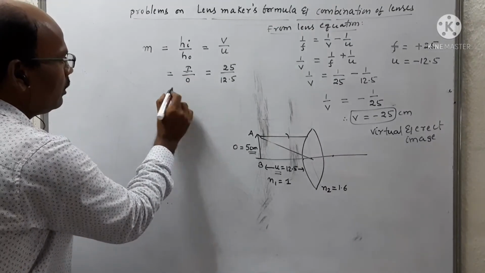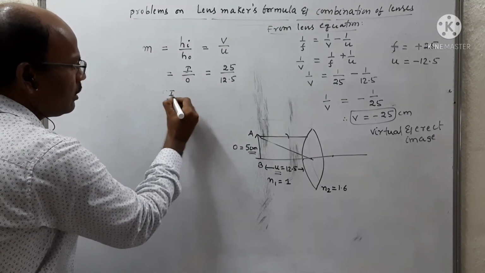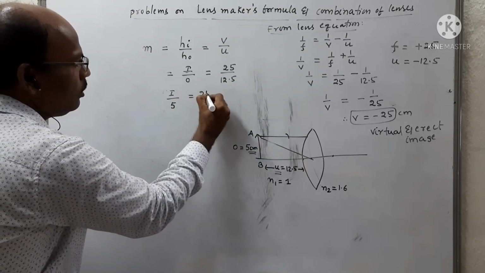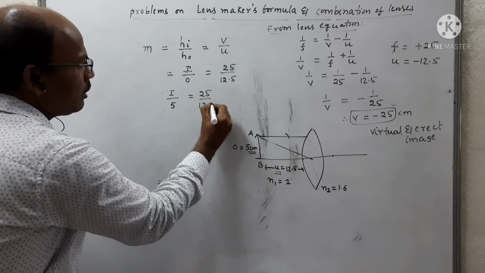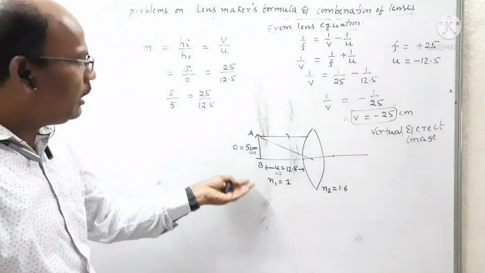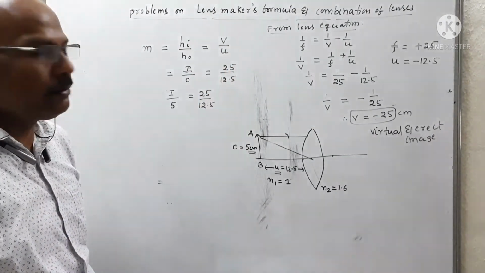We apply the sign convention, we get the same value, that is 25 by 12.5.